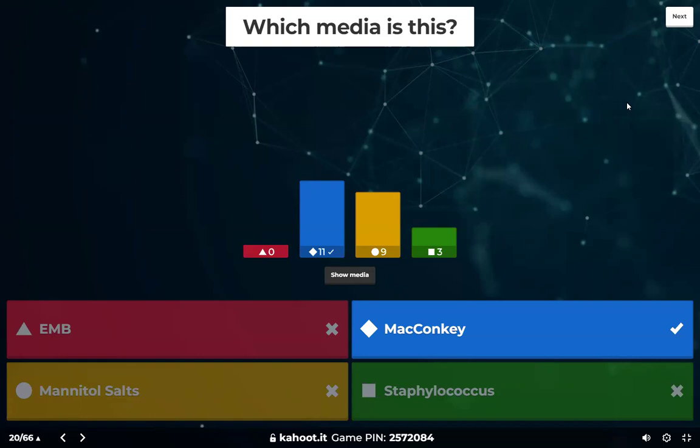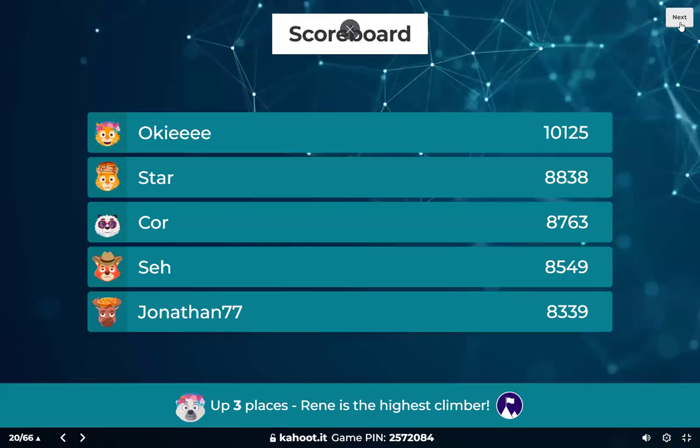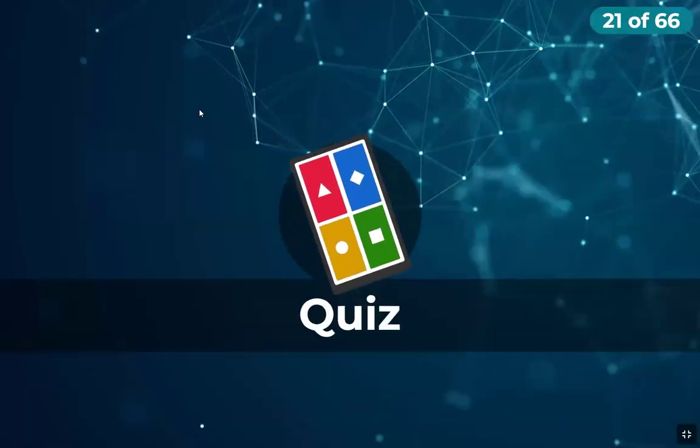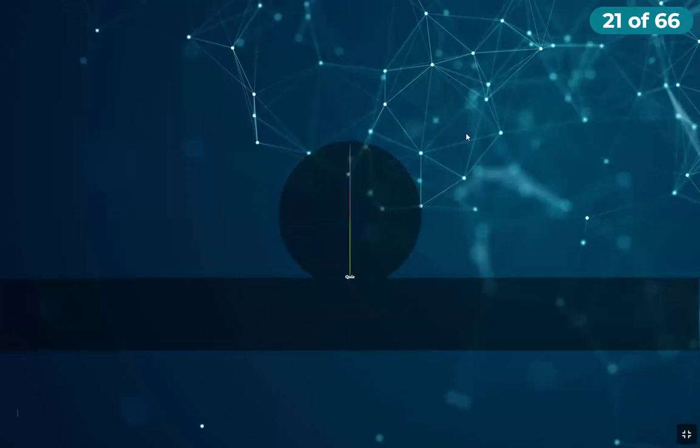EMB and MacConkey are the ones with lactose use tests on them. And if you use lactose, you turn pink. The growth itself will turn pink, not necessarily the plate. The plate just happens to be a pinkish reddish color. Remember MacConkey agar, our selective agent is bile salts. The lactose use is our differential.